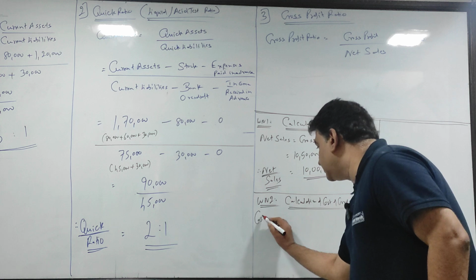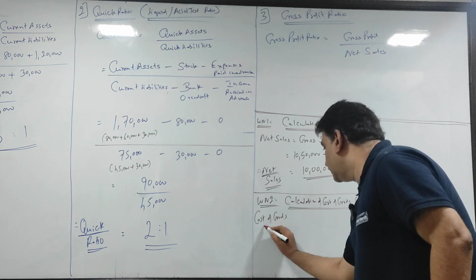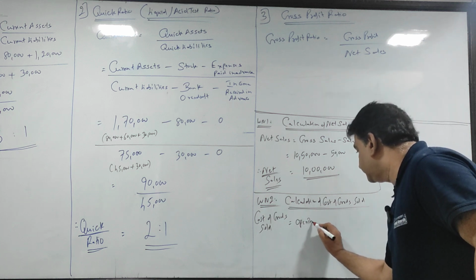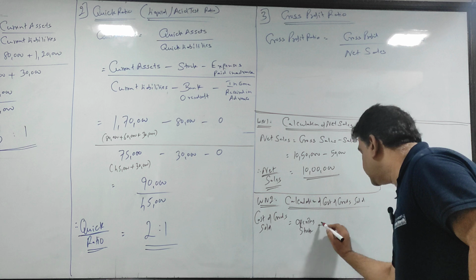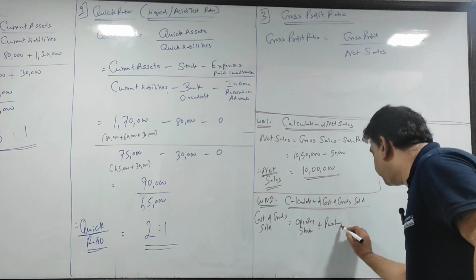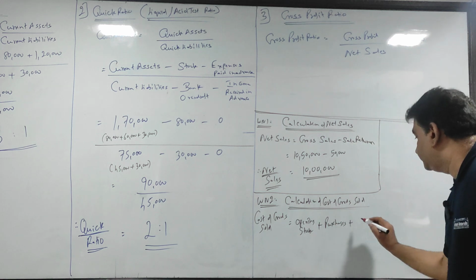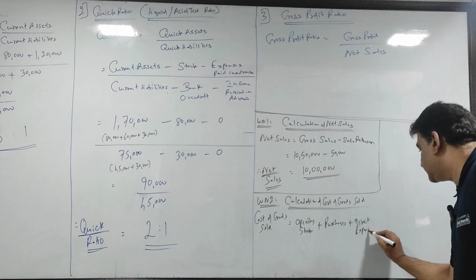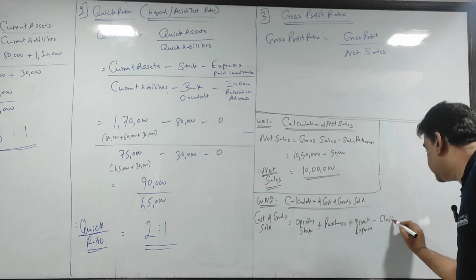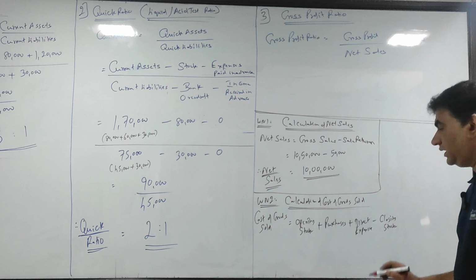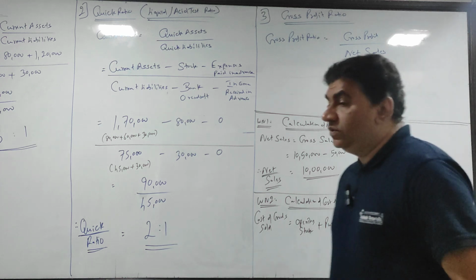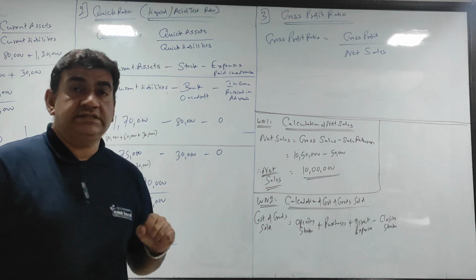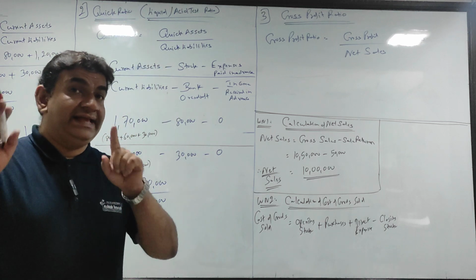I'll write it in the form of an equation. Cost of goods sold is equal to opening stock plus purchases plus direct expenses minus closing stock. Let's take one by one.